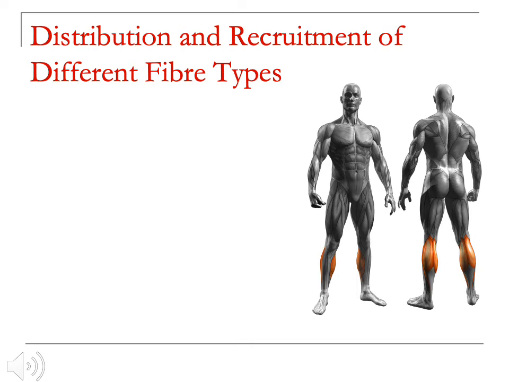Some of our leg muscles, for example, which is why I've highlighted the calf on the picture here, gastrocnemius and soleus, have a much more varied role within the body. These muscles in the leg have to support the body, but they're also used repeatedly for walking and running. If you think about it, in order to propel our body off the ground while walking, or more forcefully while running, a much higher force output is required. So they have to have a really good variety of muscle fibers within them.